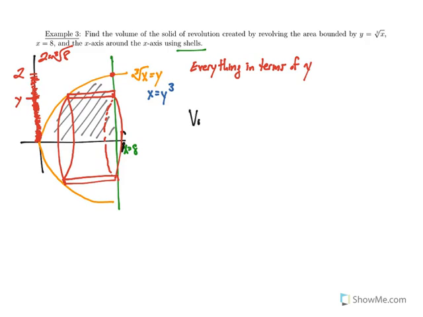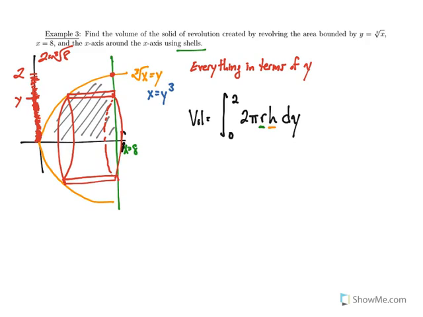So the volume here total is going to be the integral from 0 to 2 of 2 pi r h dy. We just need to figure out what is r and what is h. That'll give us our answer.